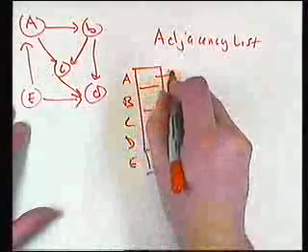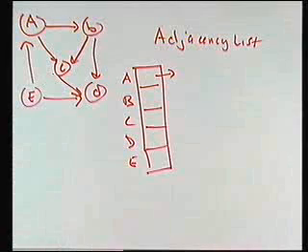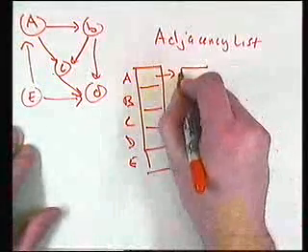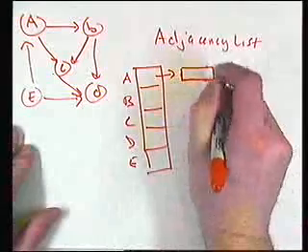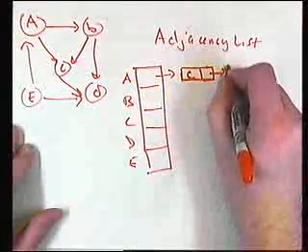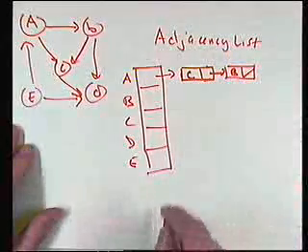And then off of each of these, instead of, as in the matrix, an array of 1s and 0s depending on whether you're adjacent to that vertex or not, we simply have a list of the things we're actually adjacent to, the things that are actually our neighbors. So A has C as a neighbor, and it has B as a neighbor.